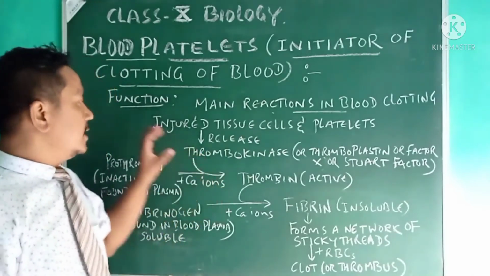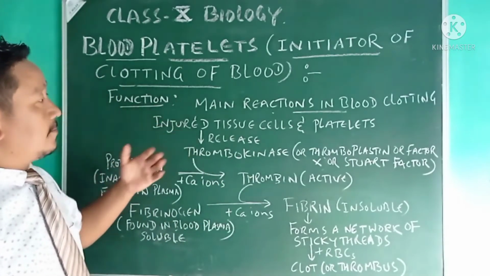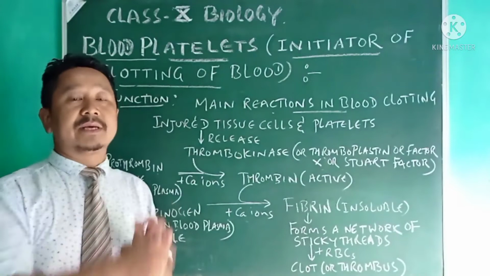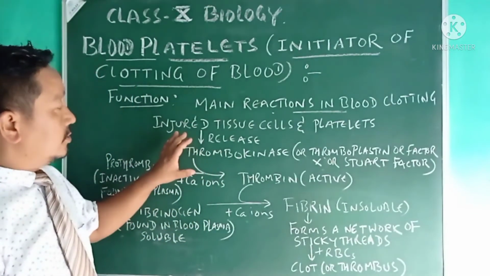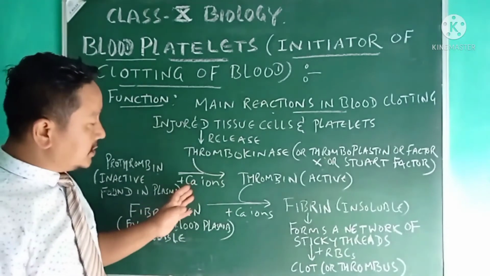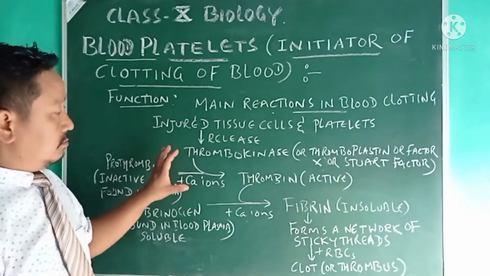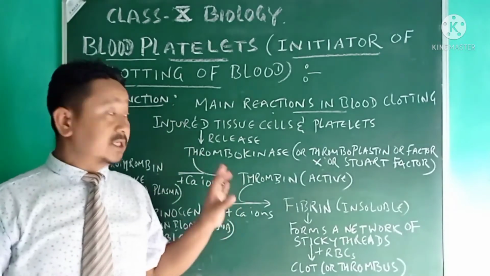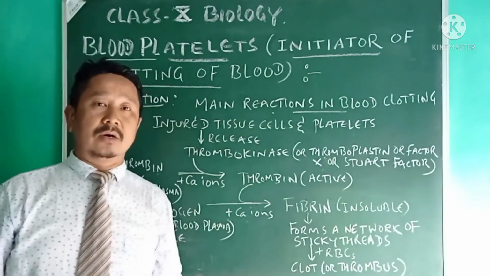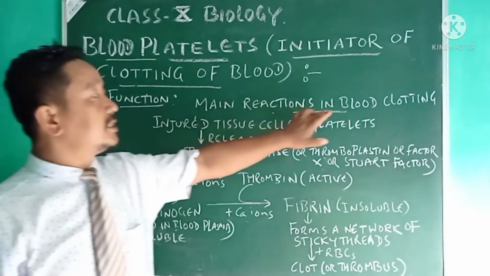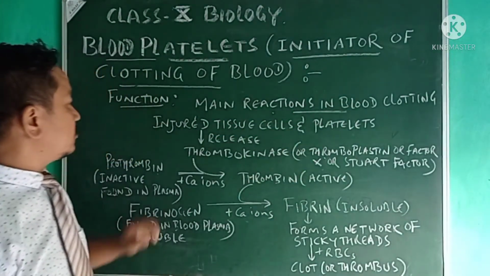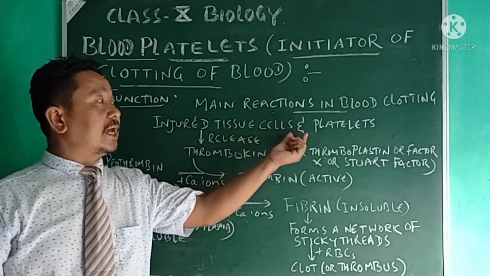It takes place by a number of chemical reactions. The chemical reactions have been shown here with this schematic diagram, in fact this flow chart, which is also given in your book. So, the main reactions in blood clotting. First, what happens? Injured tissue cells and platelets.